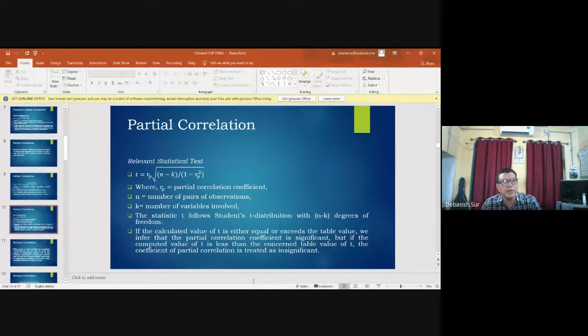If the computed value of t is either greater than or equal to the table value of t, then we can say that the partial correlation coefficient is statistically significant. On the other hand, if the computed value of t is lower than the table value of t, then the partial correlation coefficient is statistically insignificant.